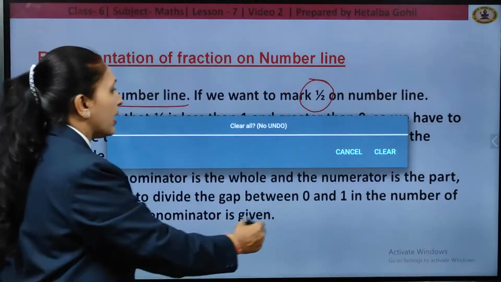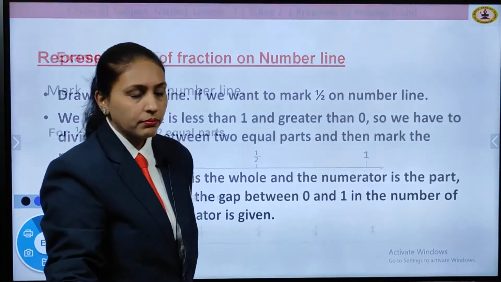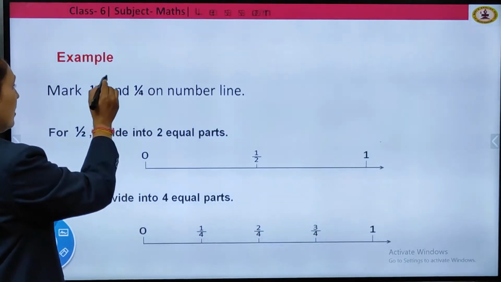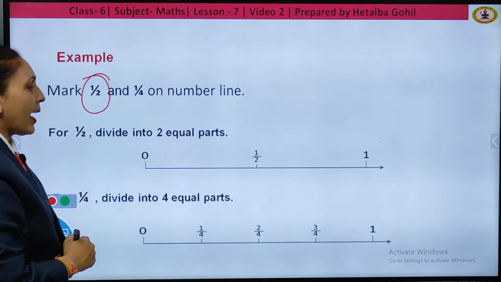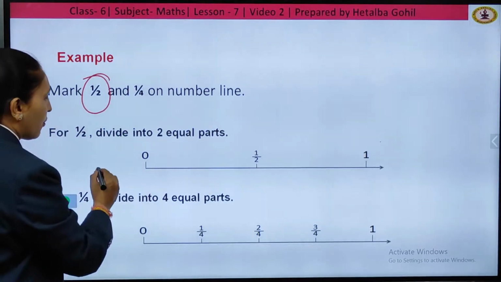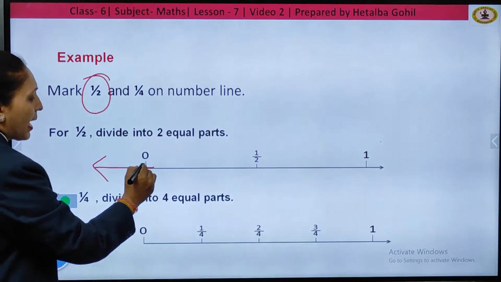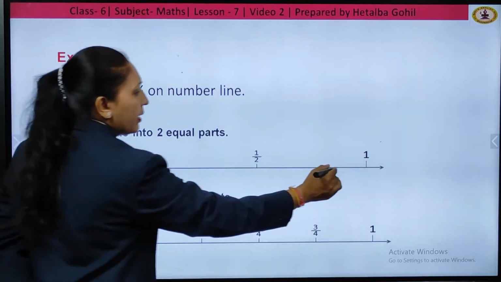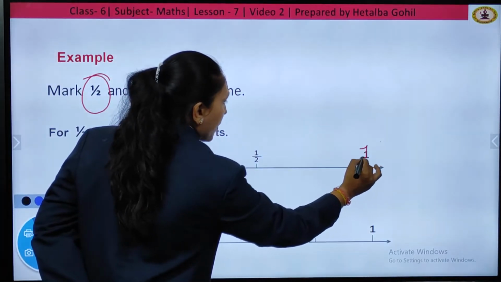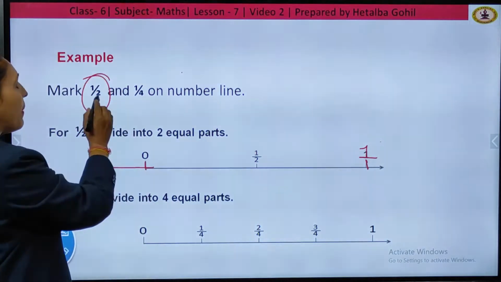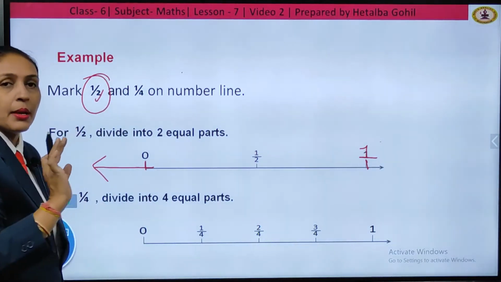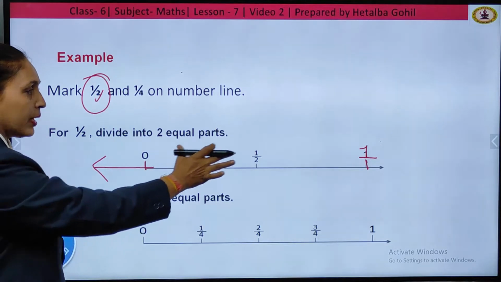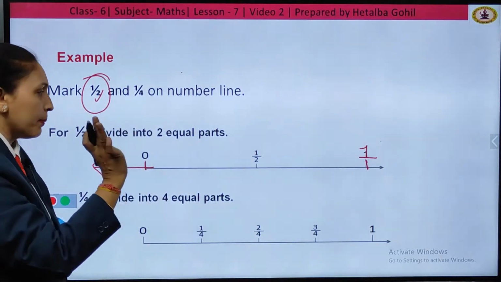So let us first see how we can do it. You can see here, if I want to mark 1/2 on a number line, you can draw a number line here, mark 0 and 1 first. Now 1/2, where 2 represents the number of parts that you have to make between two whole numbers, right?